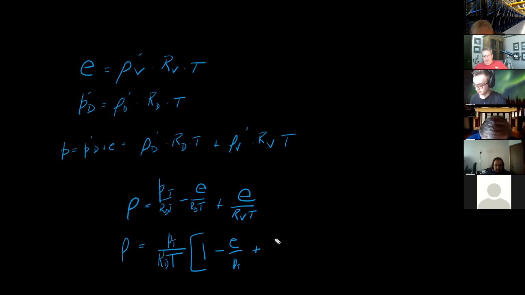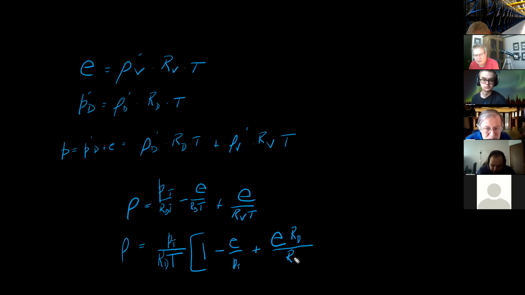And then over here, I have an E. I can take the T out easy, but I need to have an RV, and I don't want an RD, so I'm going to put RD all over RV, and I need a PT in the bottom. Okay, you follow that?